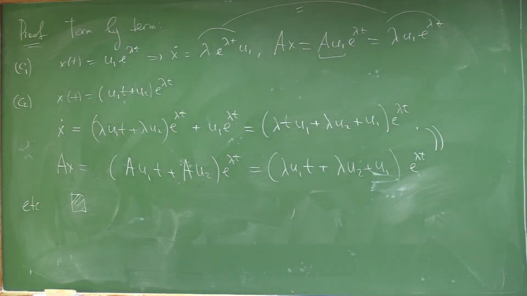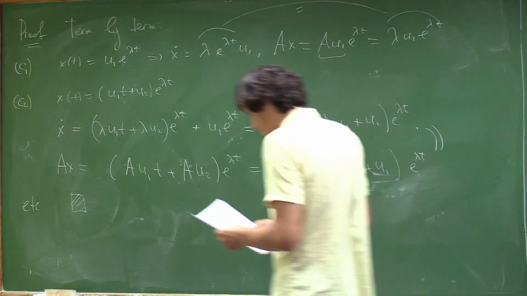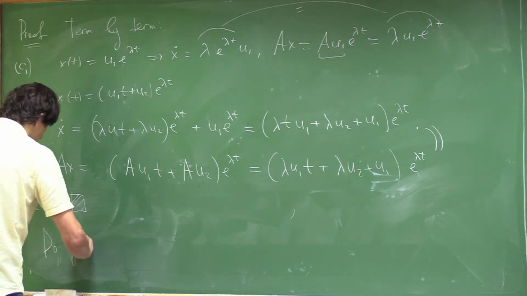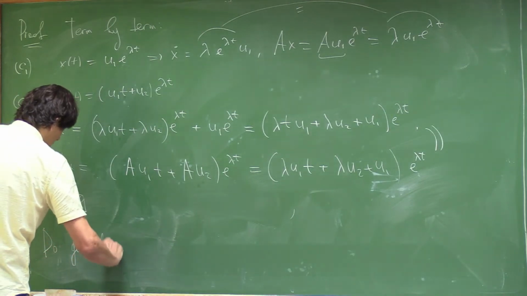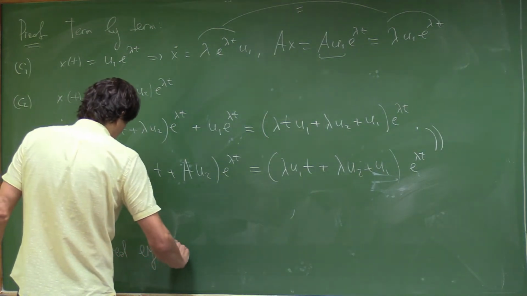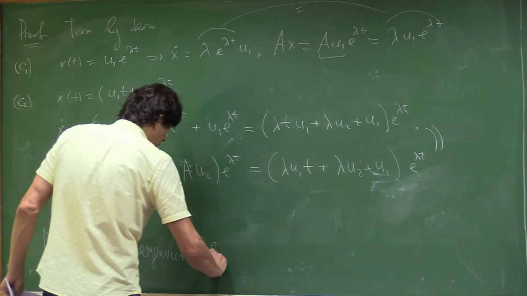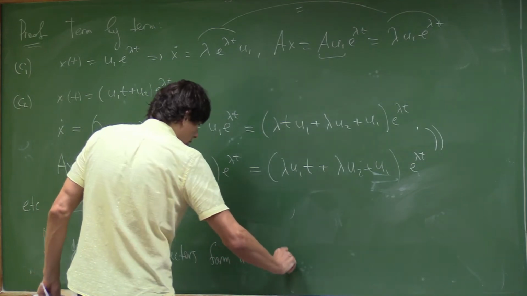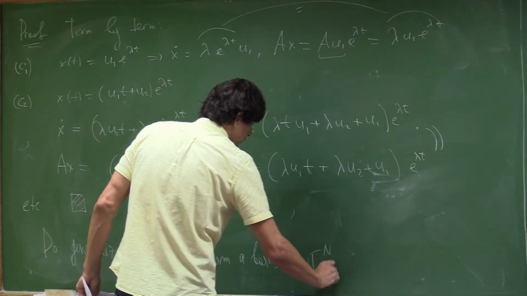So we get more solutions, which are now defined not only by eigenvectors but also by generalized eigenvectors. And so then the question is, do generalized eigenvectors form a basis in our space?